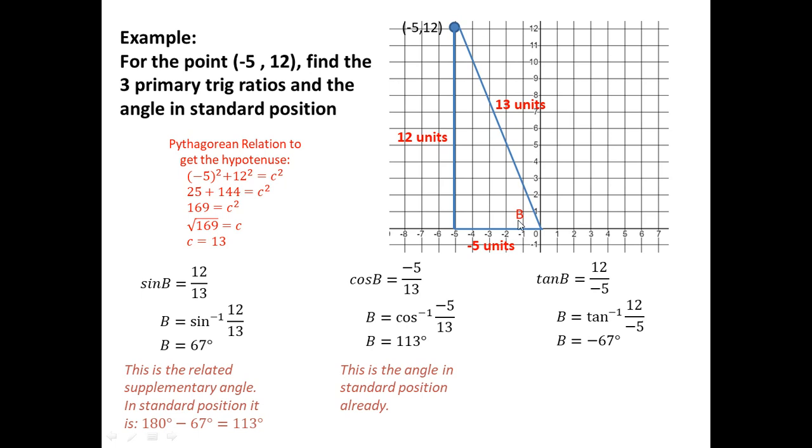So once again, I have the related angle, and I'm going to have to work my way around to find the obtuse angle. So this is the related supplementary angle. And in standard position, we are going to take 180 degrees minus 67, which is equal to 113.